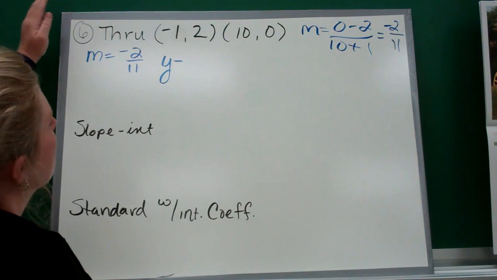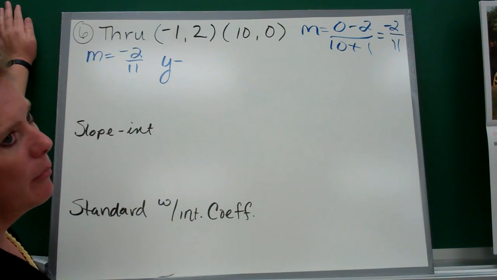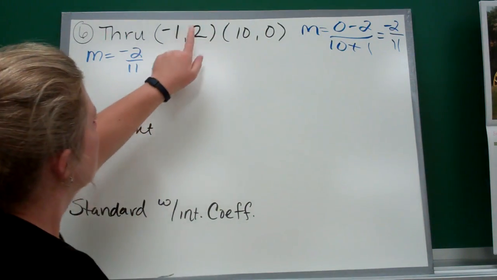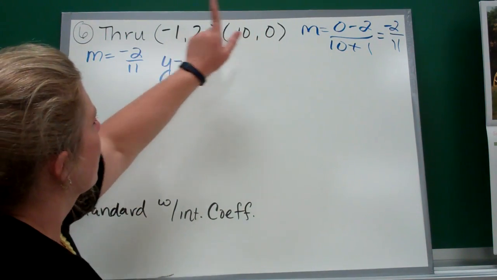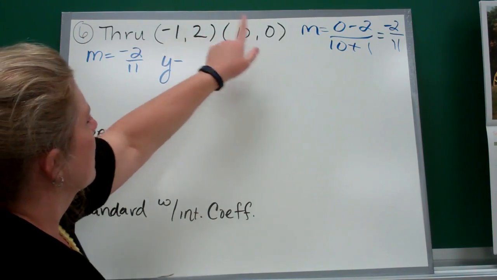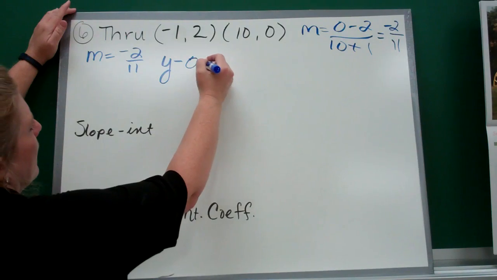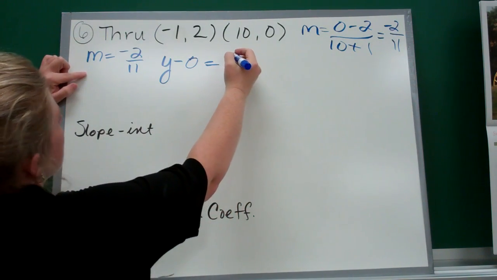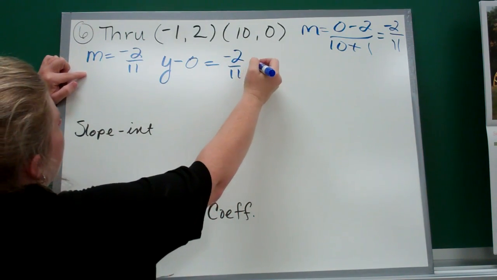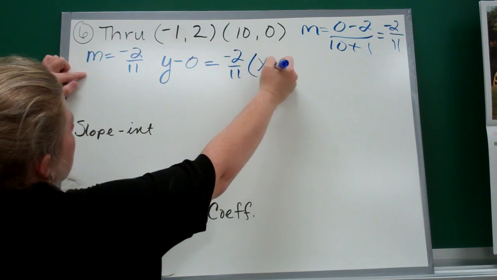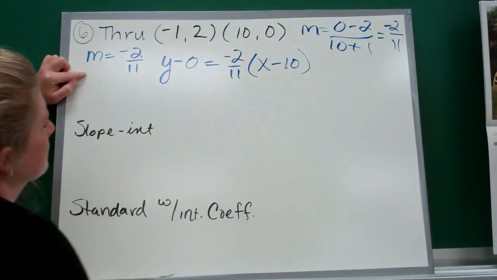Y minus, alright, pick a point. Which one? Does not matter. Which one am I going to pick? What's my favorite number to calculate with? Oh, 0. Y minus 0 equals negative 2/11 times x minus 10.